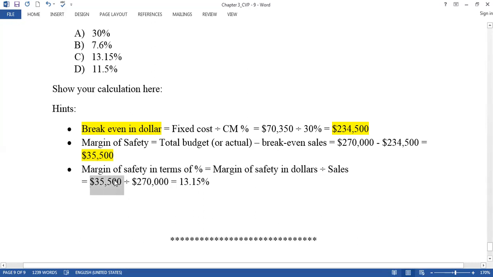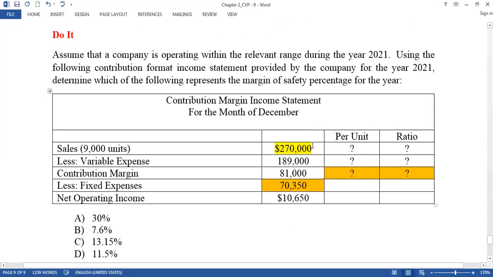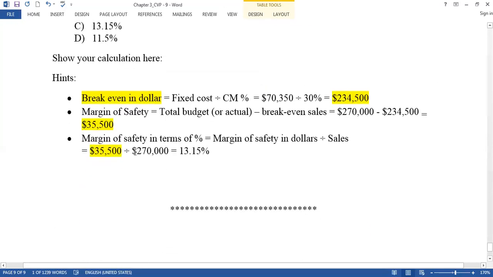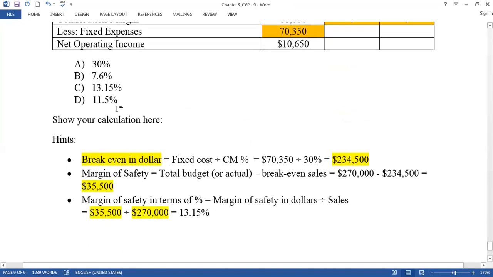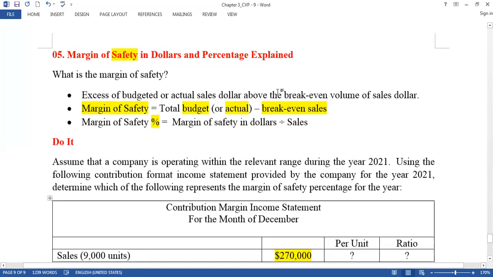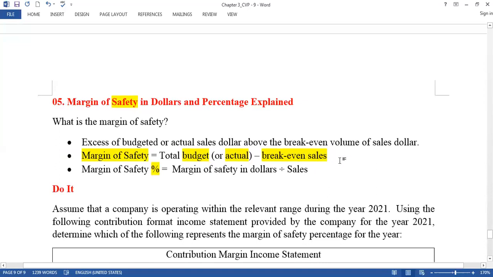This is 35,500. Then sales is given as $270,000. And the answer is 13.15%. So here we calculate margin of safety. Again, we calculate break even and we calculate the margin of safety percentage.